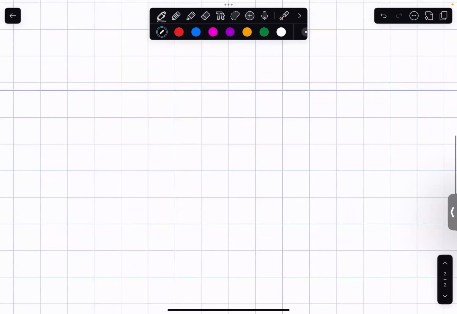So here are the different alkenes I want you to be familiar with. And there's names for these, which I will give to you after I draw them.